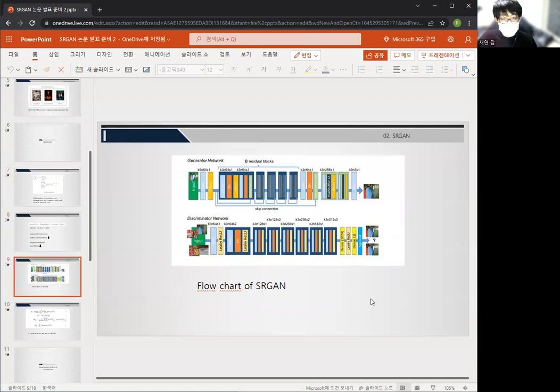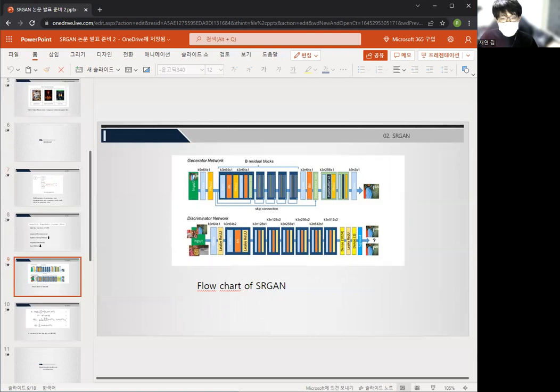Next is SRGAN. Since it consists of a GAN structure, a generator and a discriminator are used. The goal of SRGAN is to generate a high-resolution image from the input low-resolution image.